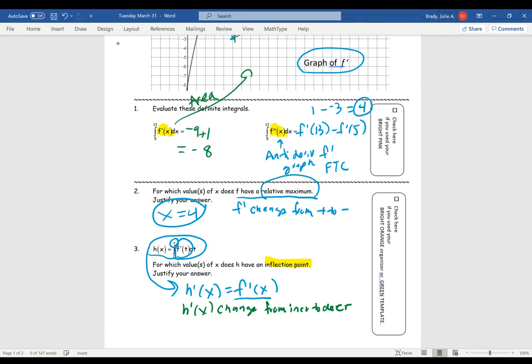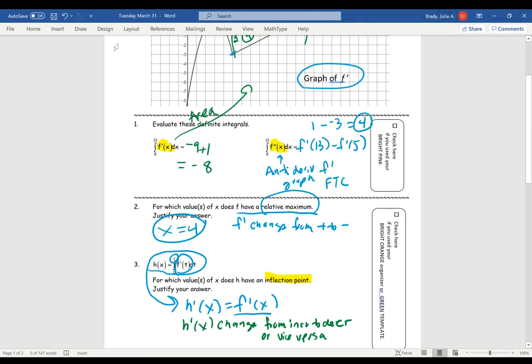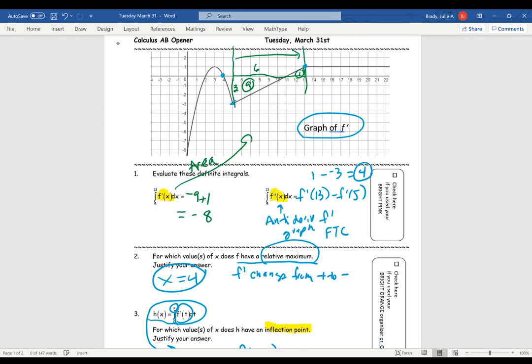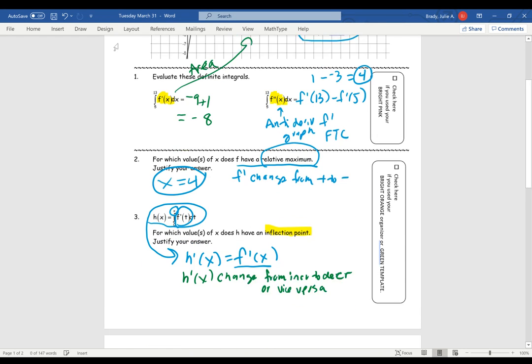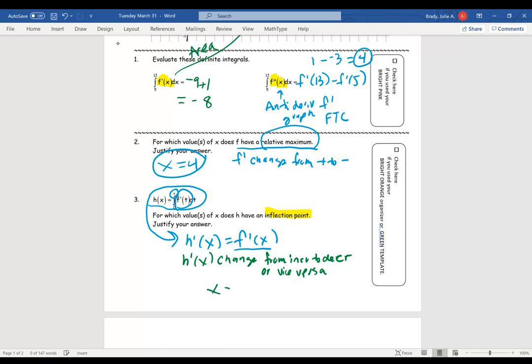On the real test, write the words out, or vice versa. Let's look at our graph and see where that happens. So we're increasing, and there's 1, and decreasing and increasing. So I think we got it at x equals 3 or x equals 5. Yes.